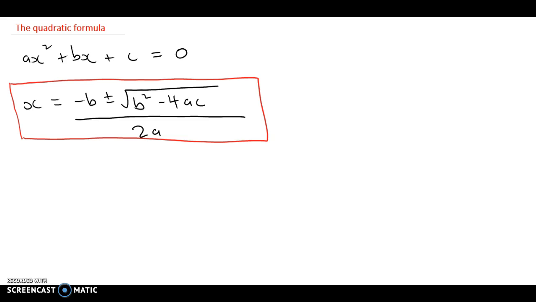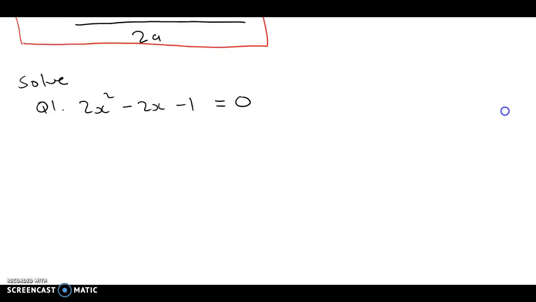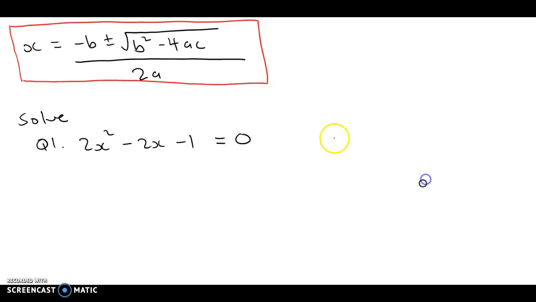Alrighty, so let's use that to solve 2x squared minus 2x minus 1 equals 0. Here our a is 2, our b is minus 2, and our c is minus 1.